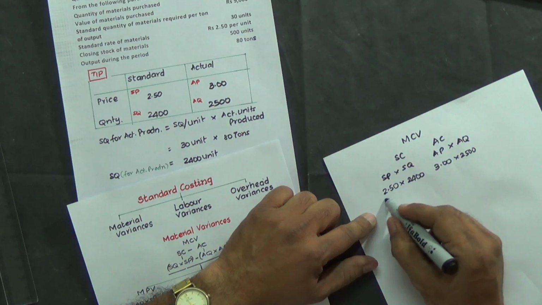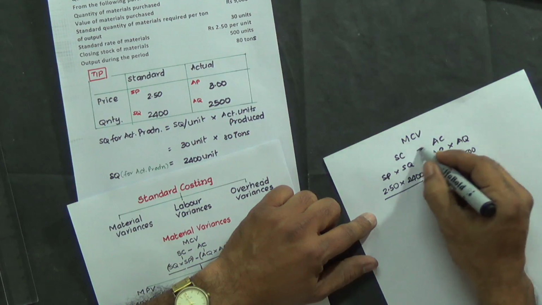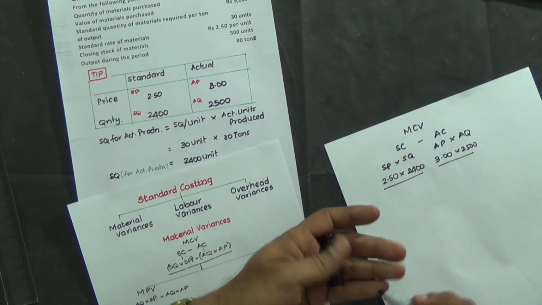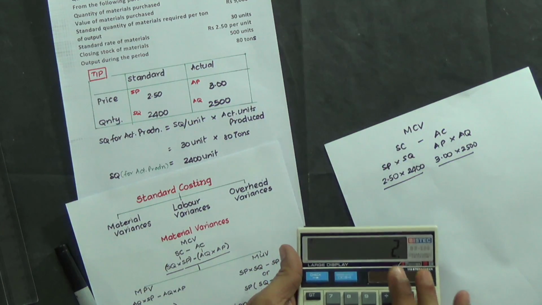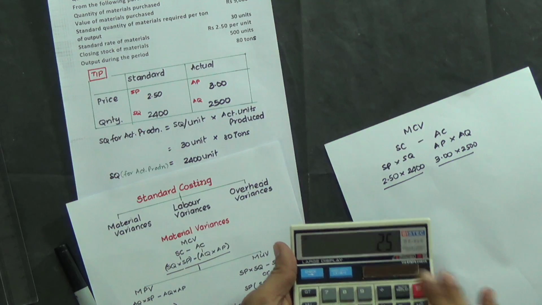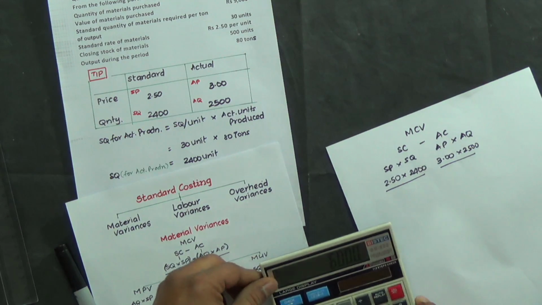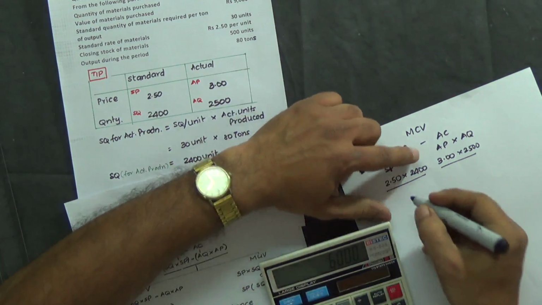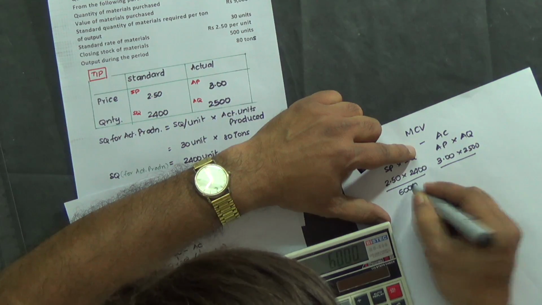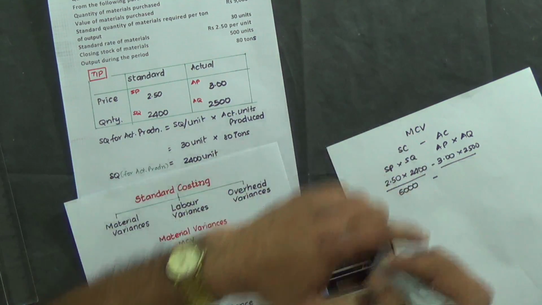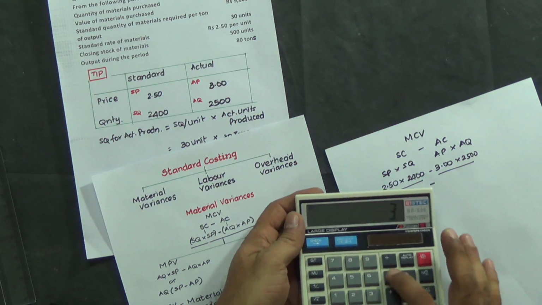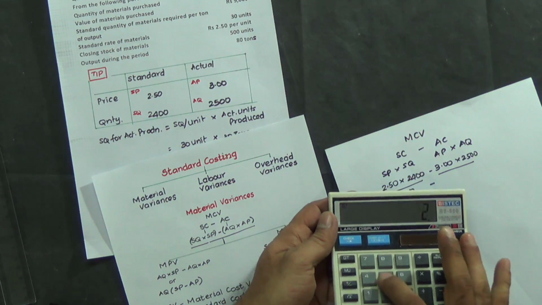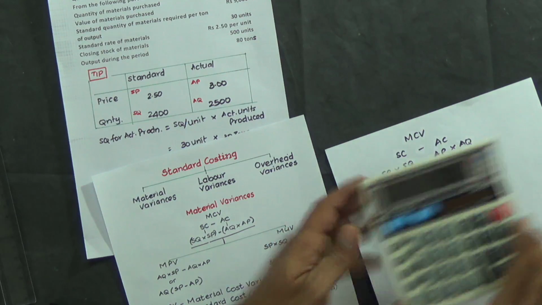So this minus this is going to give us material cost variance. 2400 into 2 rupees 50 NP is going to give us 6000. 3 rupees into 2500 is going to give us 7500.